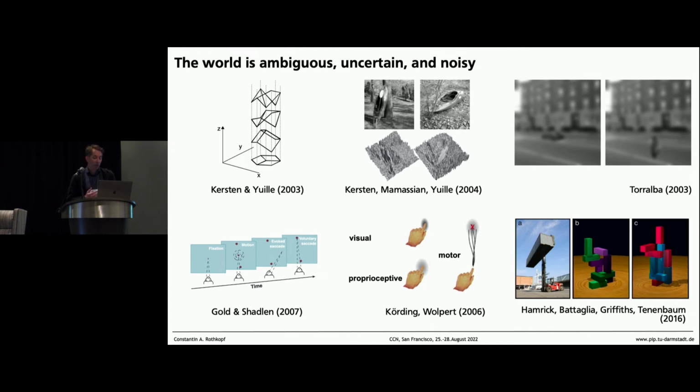And finally, of course, there are physical properties of objects, also when you have to do reasoning about them and their dynamics, where you have an intricate relationship between this multitude of uncertainties.